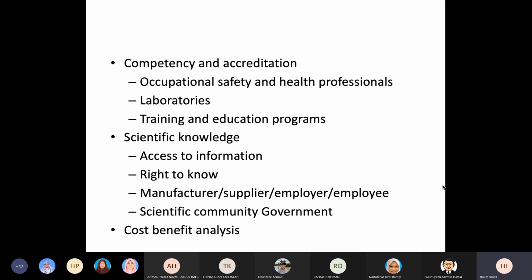You will notice that there is certain, say for example, I give you an example. For example, noise. They need to use an audiometric booth, and this audiometric booth needs to be assessed by DOSH and given a certificate to be able to be used as a place to do medical surveillance among the workers.